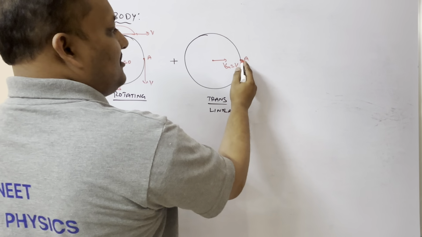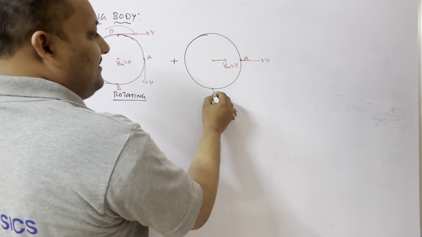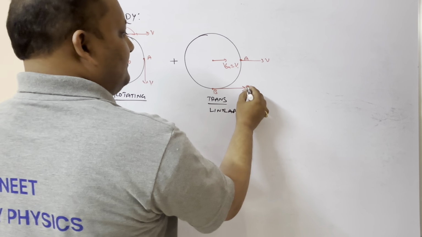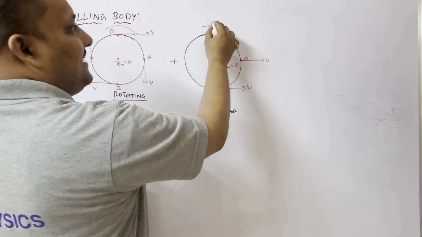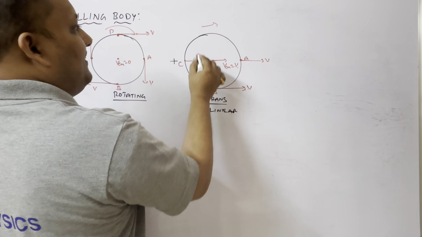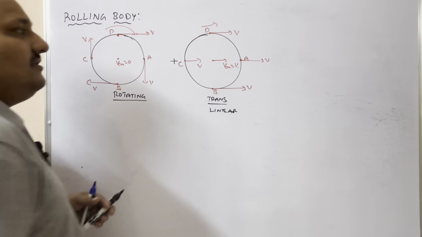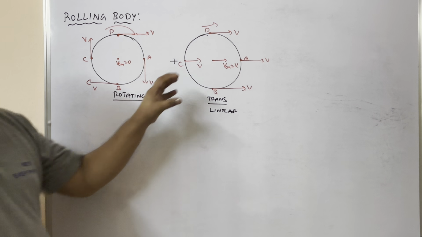So what is the velocity of A? It is also moving. What is the velocity of B? It is also moving. If it is moving to the right side, the velocity of particle C is v, and the velocity of particle D is also v. See, this is linear motion.